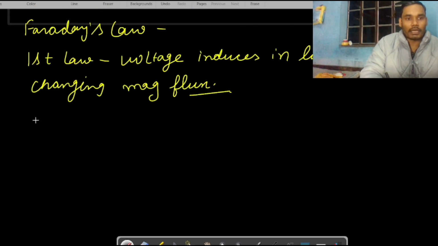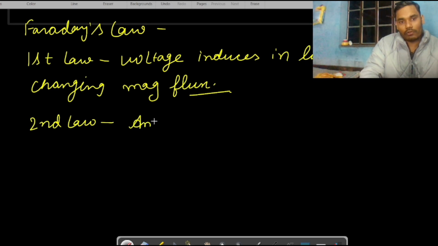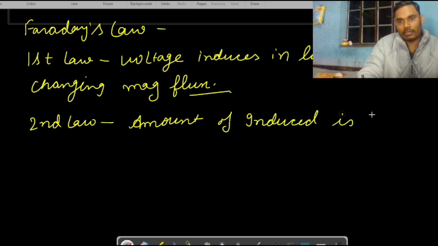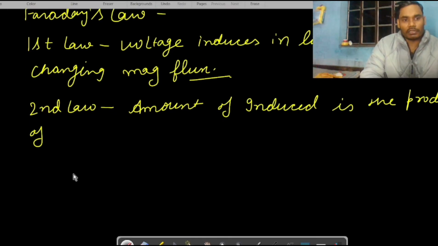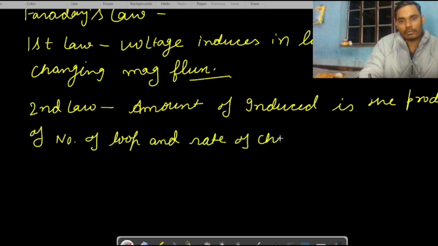Okay, and the second law states that the amount of voltage, the amount of induced EMF, is the product of the number of loops and the rate of change of magnetic flux.